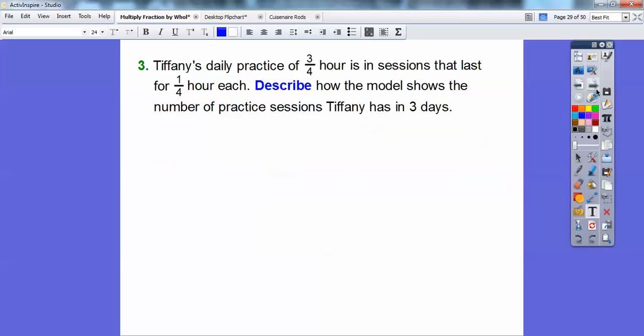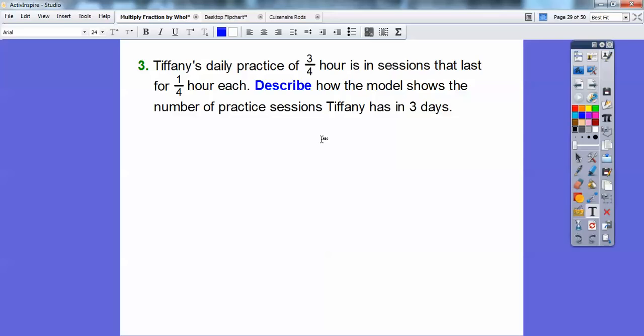Okay, all right, so Tiffany's daily practice of 3/4 hour is in sessions that last for 1/4 of an hour each. Okay, what that means, you guys, is for the 3/4 hours she practices, she doesn't do it all in one spot. She does it 1/4, 1/4, 1/4 each day. Do you guys know how many minutes a fourth of an hour is? You can talk about that with your teacher.